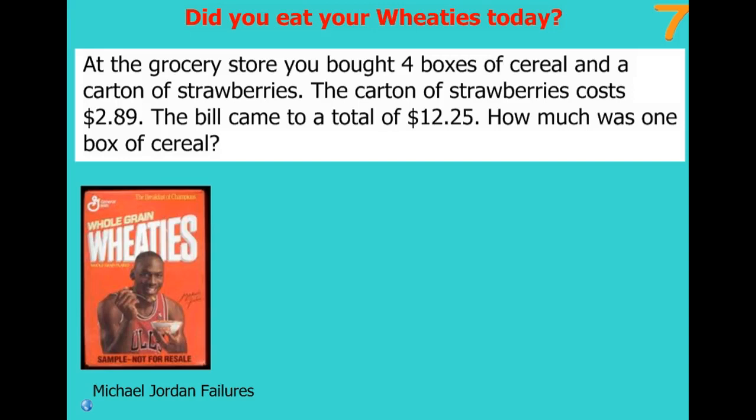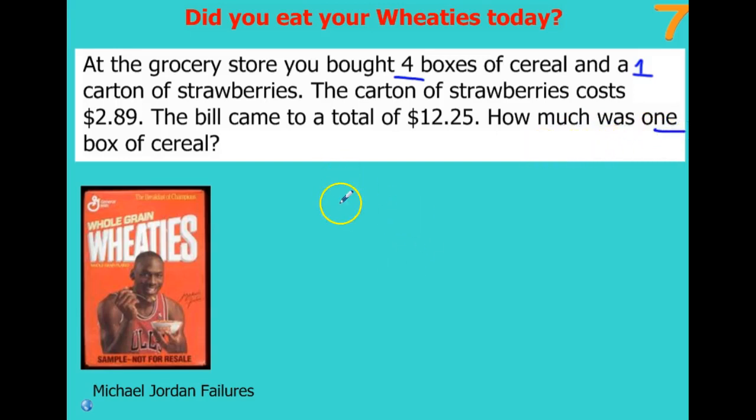Alright, last slide. It says, at the grocery store you bought 4 boxes of cereal and a carton of strawberries. A carton would be 1 carton of strawberries. The carton of strawberries cost $2.89. The bill came to a total of $12.25. How much was 1 box of cereal?